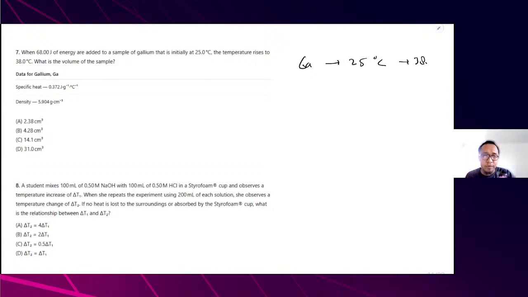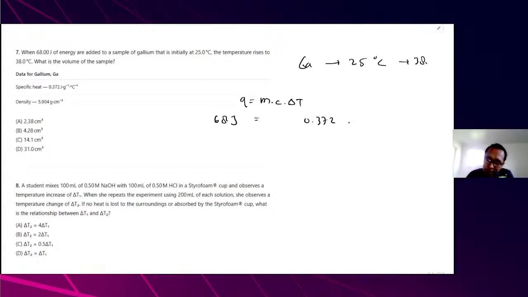Now we have another type of question, not like the previous one. This one is still calorimetry. However, we don't use Q gain and Q loss. No, we just use Q = MC delta T. The Q we already know is 68 joule, and the C is 0.372.